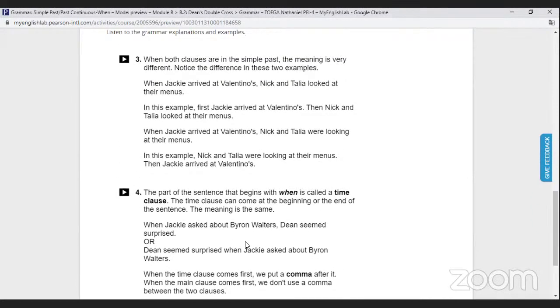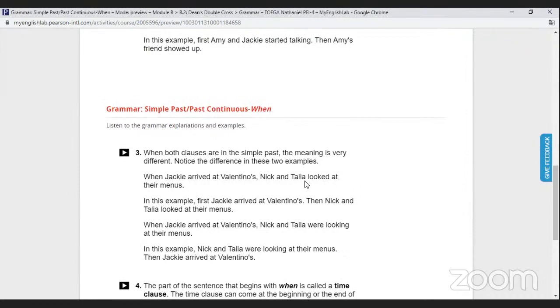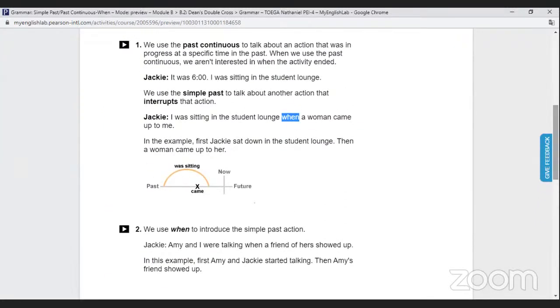Don't forget the part of commas and punctuation. And this other part, when you are writing two simple past sentences, or maybe one in progress and the other in simple past, you know that it has some little difference. And this other, when you are using when that interrupts one action that is in progress in the past.